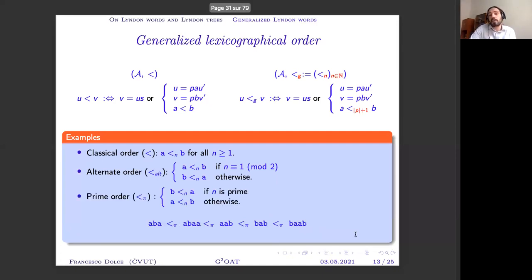But then of course we can just play and define new orders. For instance, this prime order is just a small modification of the alternate order. Let's say that A is more than B whenever we are in a non-prime position and B is more than A whenever it's prime. Or we can just invent an order according to our fantasy.